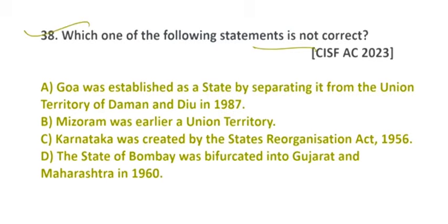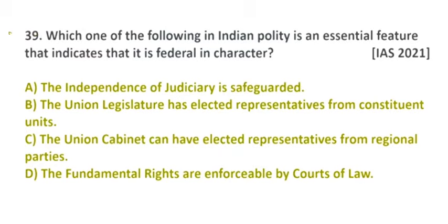38. Which one of the following statements is not correct? Option number A, Goa was established as a state by separating it from the Union Territory of Daman and Diu in 1987. It's not correct. 39. Which one of the following in Indian polity is an essential feature that indicates that it is federal in character?